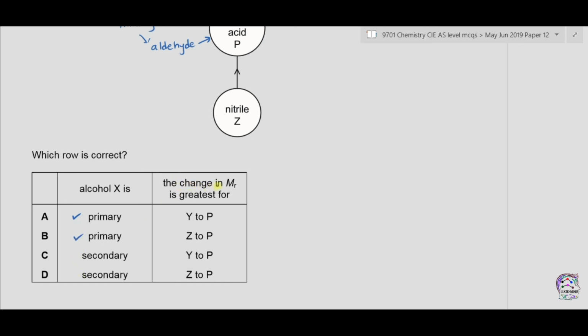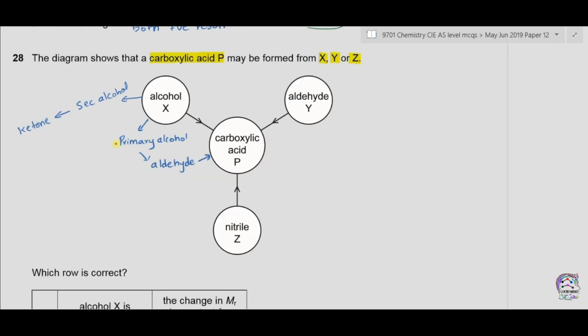And we also have to find the change in molecular mass which is greatest. Let's take an example of a 1 carbon primary alcohol. So we have CH3OH. It will be converted into aldehyde, which will be HCHO, and it is converted into carboxylic acid P, which is HCOOH.